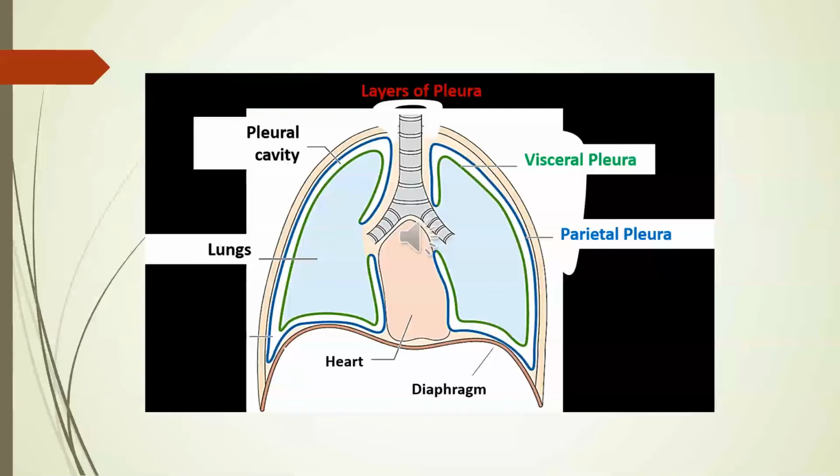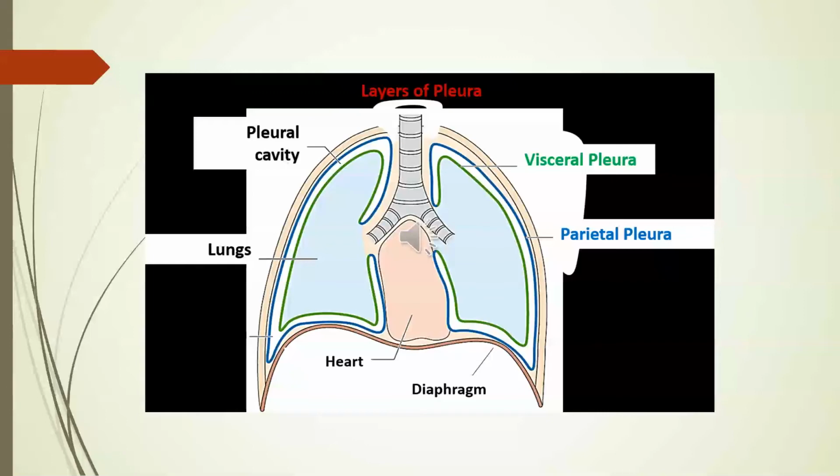Here is a diagrammatic illustration of the thoracic cavity with both lungs, and each lung is surrounded by a serous membrane. The serous membrane is called the pleura, and we have a double layer membrane.